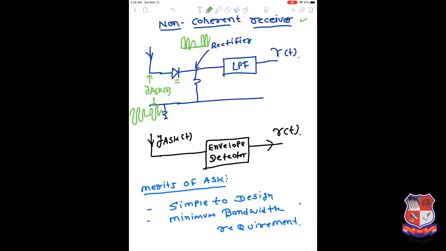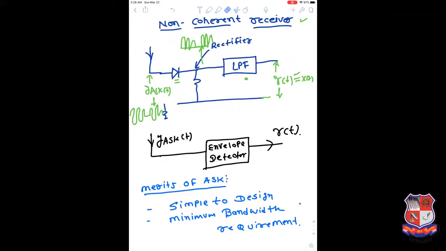then like this, and this signal has two components, a desired component and an undesired component. Then passing through the low pass filter, we can get the R of t signal here, and this R of t signal is similar to the input signal. So one can observe here, we have not used the carrier signal anywhere.